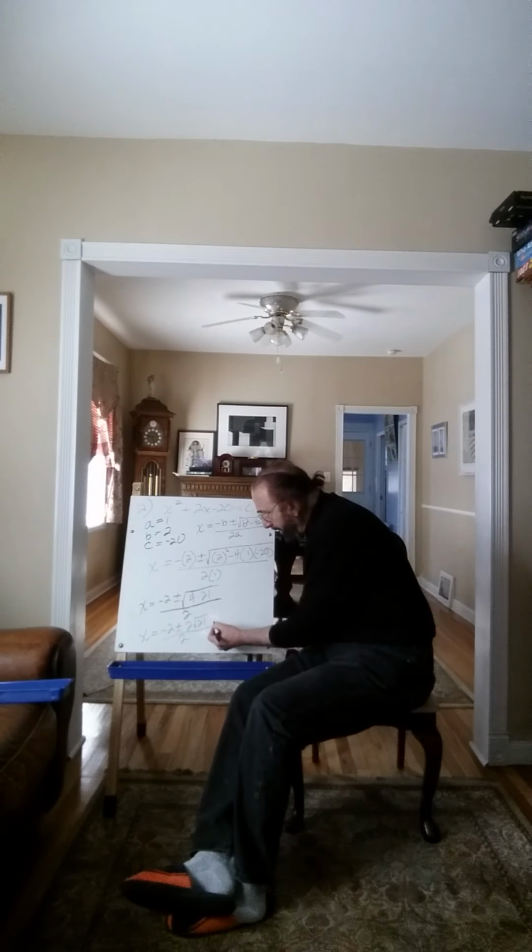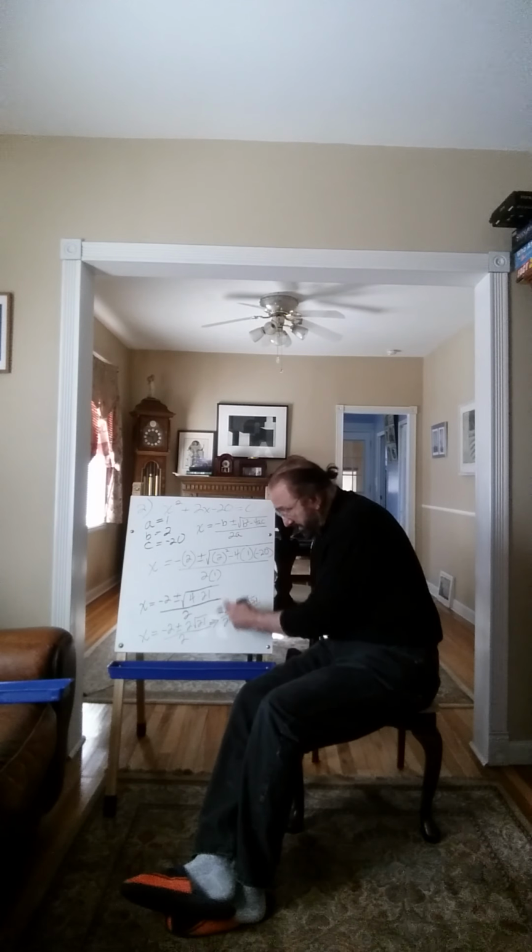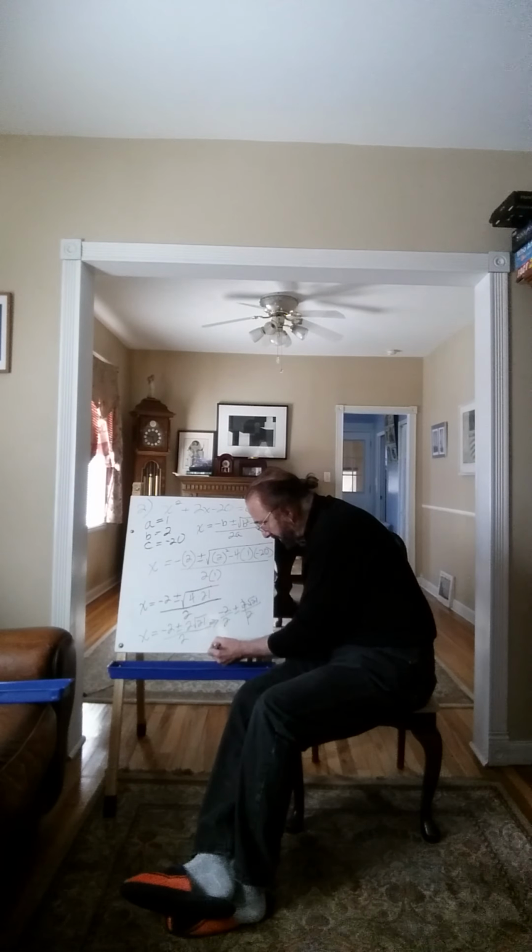And from this, I can change this to negative 2 over 2 plus or minus 2 square root of 21 all over 2. This is 1, and this is negative 1. So I get negative 1 plus or minus the square root of 21.